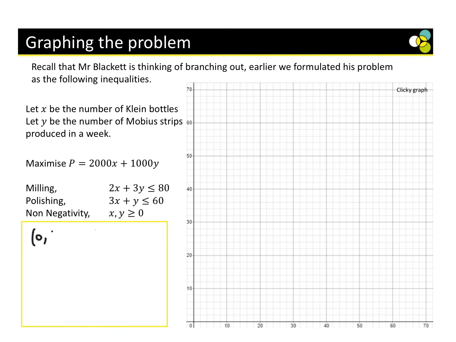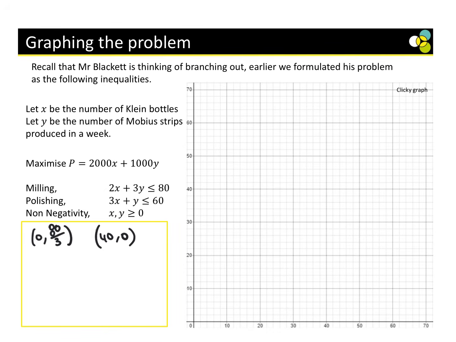When x is 0, y equals 80 over 3. And then now again, when y is 0, x equals 40. Because 2x equals 80, x equals 40. 40, 0. So that's the second coordinate, okay?